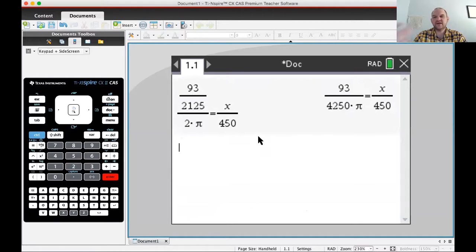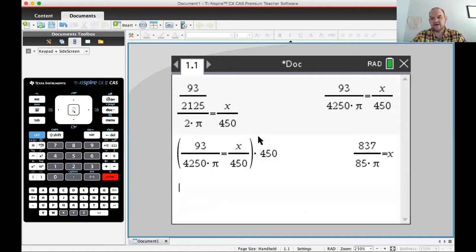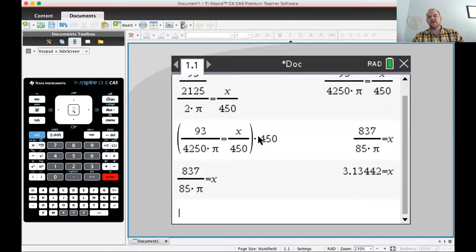Then I just solve through, multiplying by 450. I actually wanted an approximation, so I'm going to get 3.134. So phi, I'm just writing it in the notes, is approximately 3.134 dangs. So that's how far apart they are in latitude.